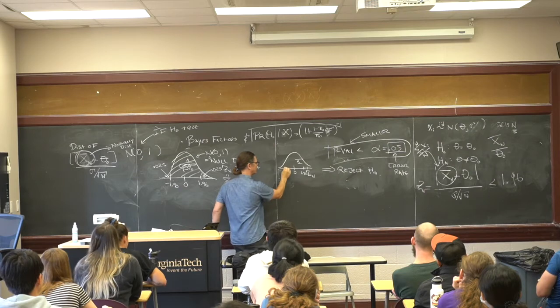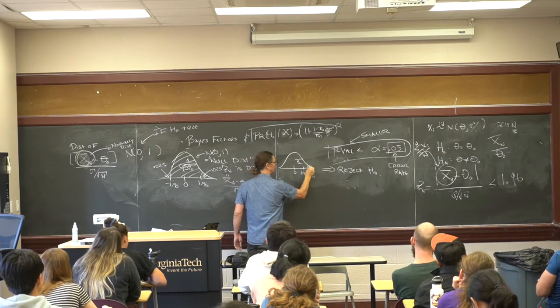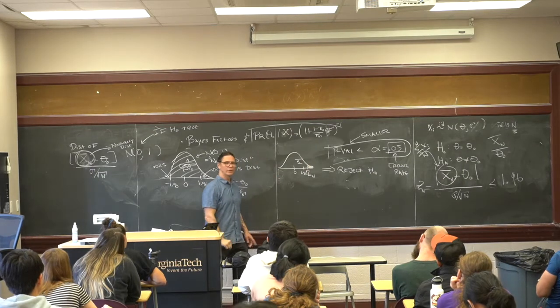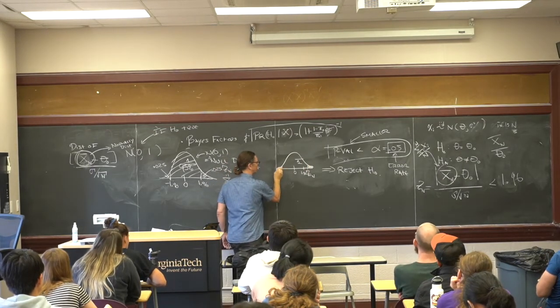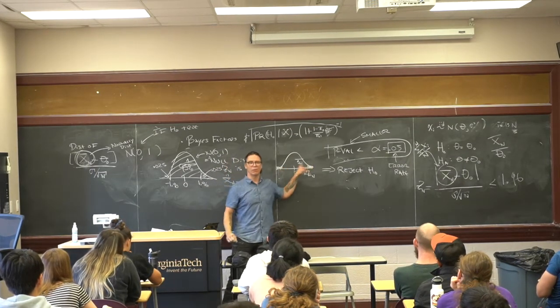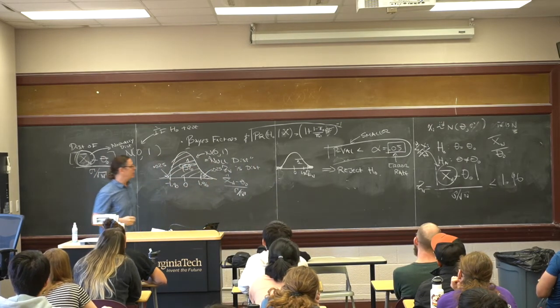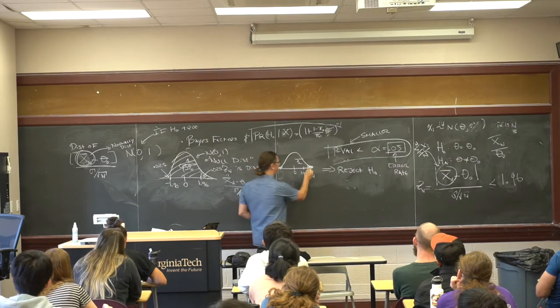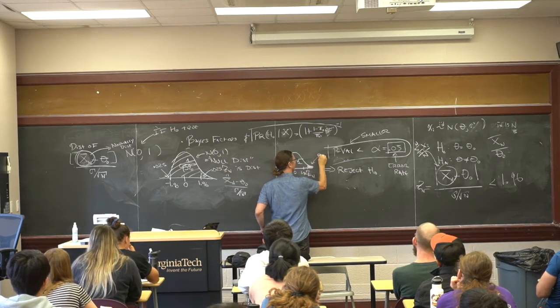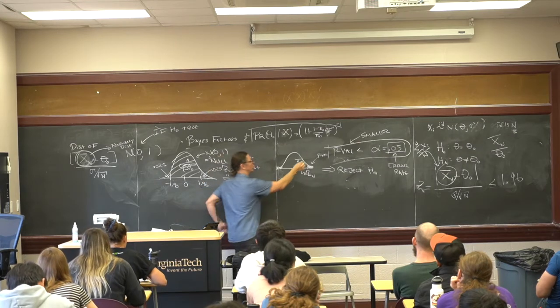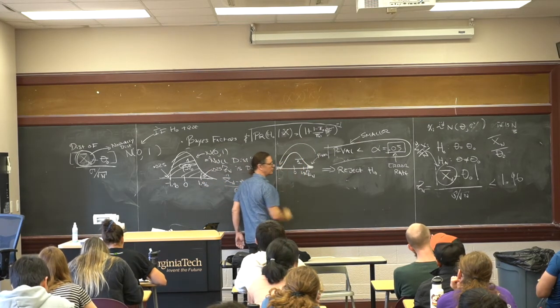And I would have considered the more extreme values as well. I would compute that tail probability over here. And I would correspondingly compute that tail probability too, because it's the same distance away from theta naught. So I compute these tail probabilities, and that would be my p-value. It would be the sum of those two things.